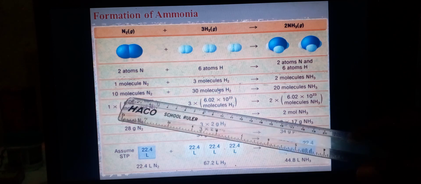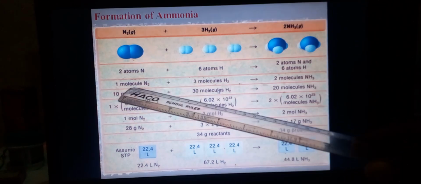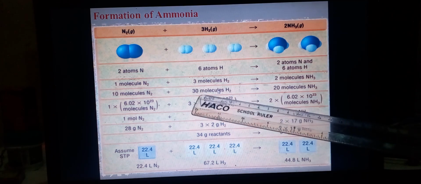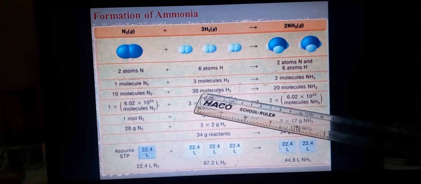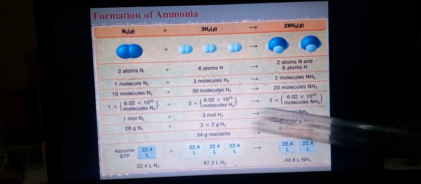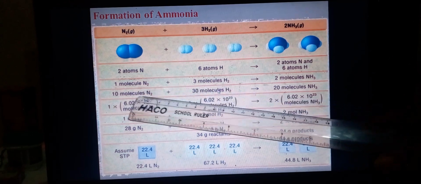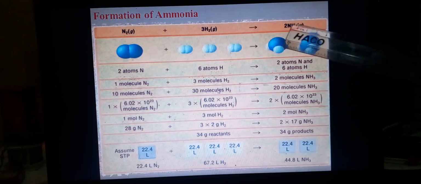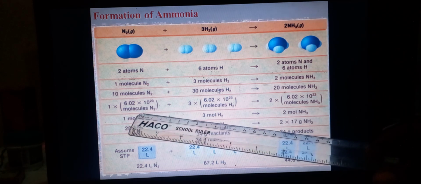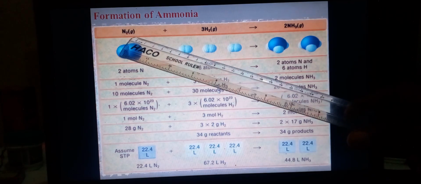So that means, applying that ratio, if you have 10 molecules of nitrogen, we shall require 30 molecules of hydrogen to form 20 molecules of ammonia. So here you apply actually the mole ratio of the respective reactants and the product. Now, in terms of Avogadro's constant, remember, this is 1 mole of nitrogen gas.